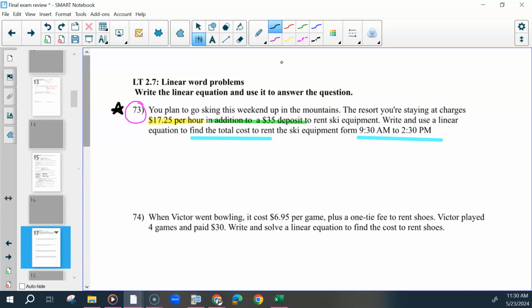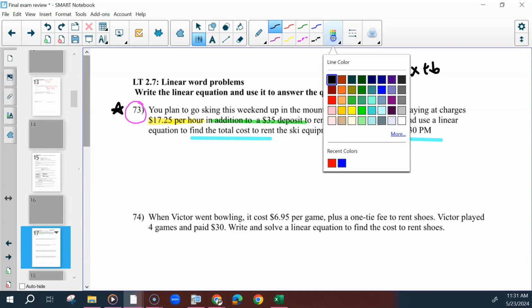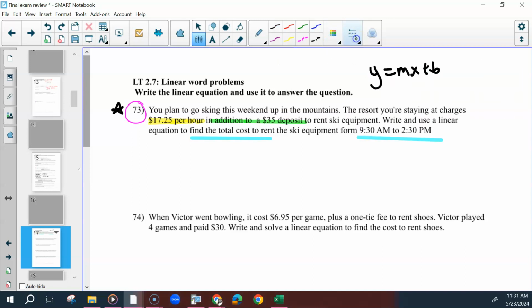So with your linear equations, you're going to have a y equals mx plus b sort of setup. Y is always your total cost, so that's what we're trying to find. Anytime you see the word per or for each, that's going to tell you your m.